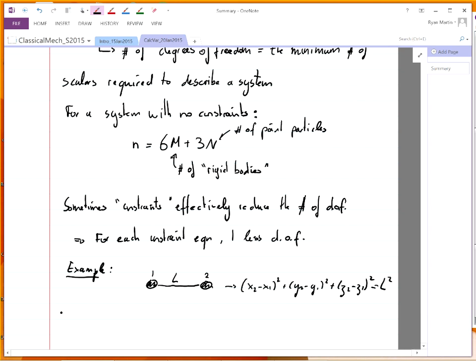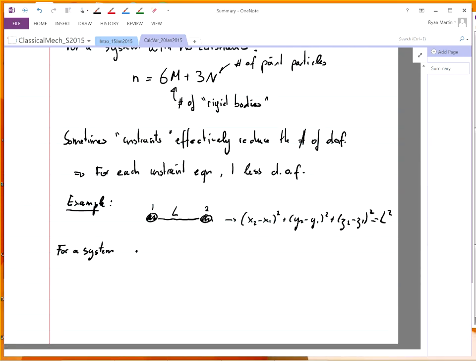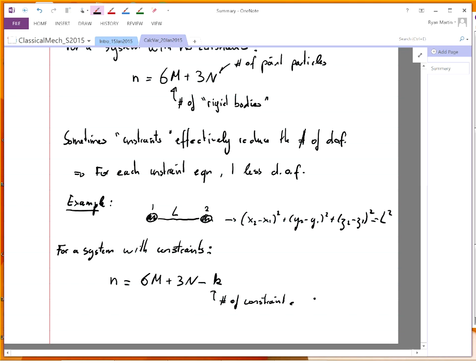So for a constrained system, so for a system with constraints, the number of degrees of freedom, l, would be given by 6 times capital M plus 3 times capital N minus lowercase k, where lowercase k is the number of constraint equations.